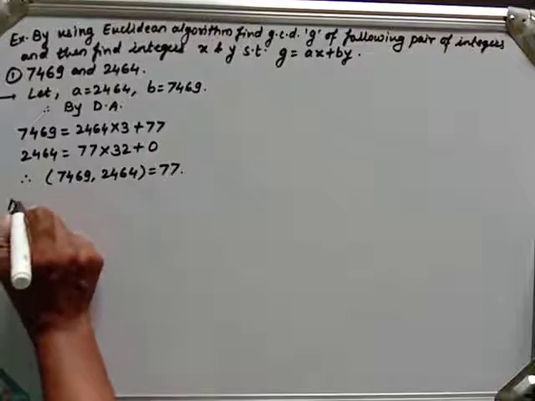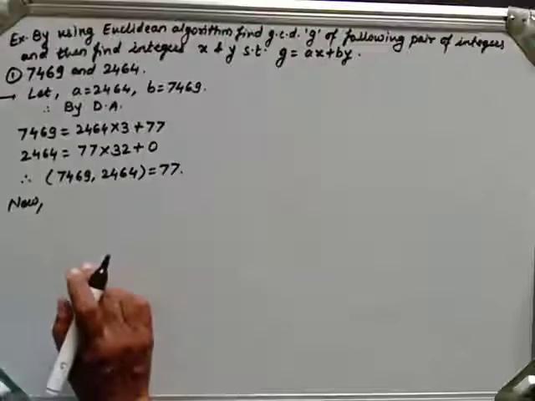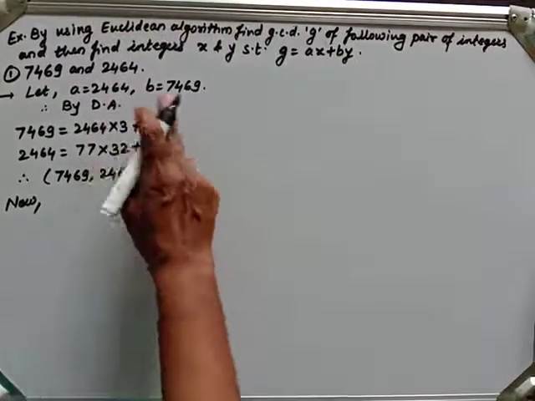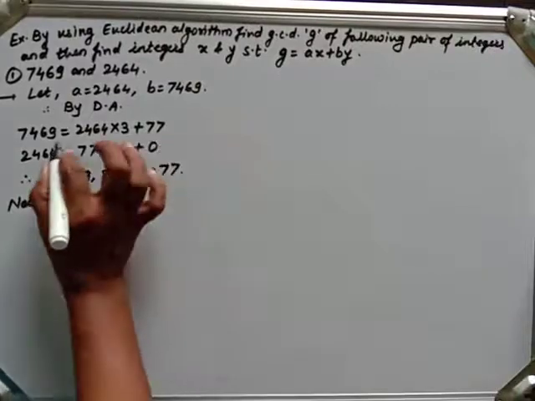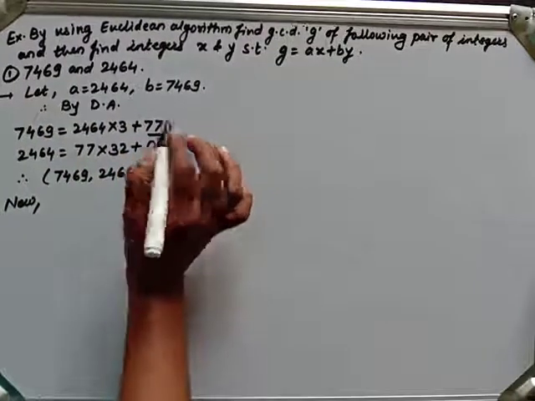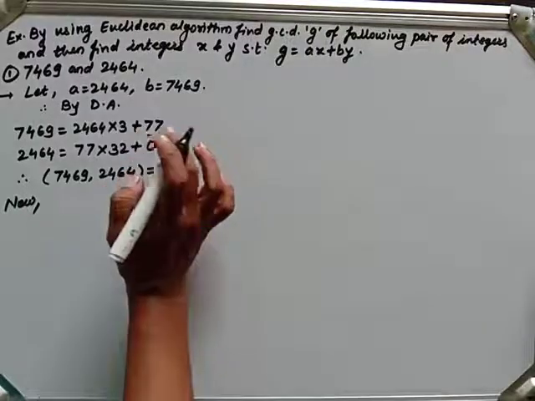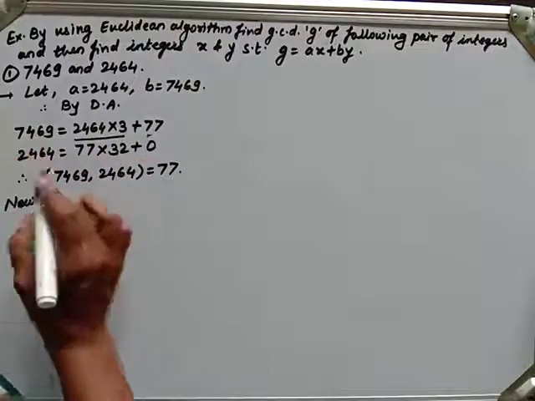Now we have to express them as a linear combination of these integers. So I can write from here. Now here simply this equation we have to use. I have to write this 77 equal to these two. So let me take this product term to left hand side.